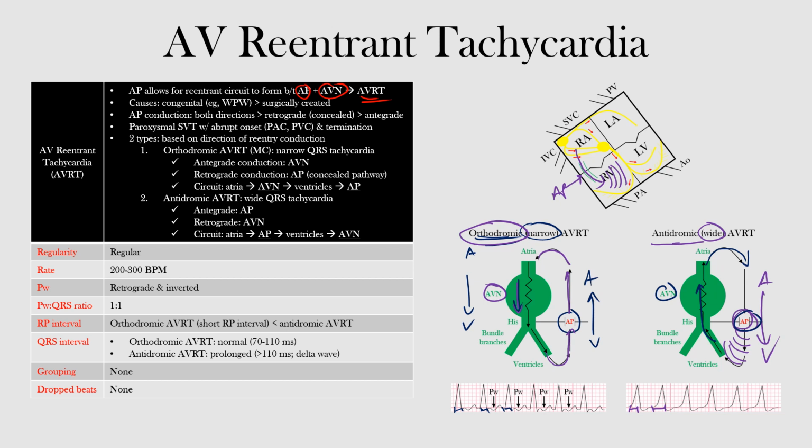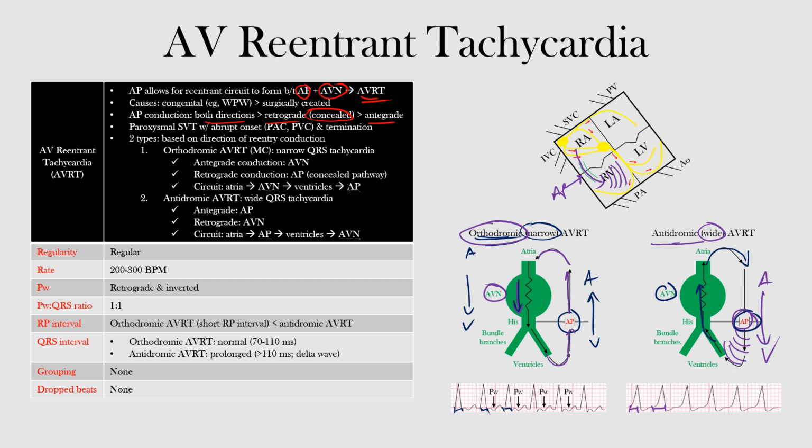Okay, now causes, we said congenital, such as WPW, is more common than some of those surgically created pathways. In terms of the AP conduction, accessory pathway conduction, both directions is the most common, followed by the retrograde. And remember, the retrograde is where we have that concealed pathway that can form, okay? And then we can have this antegrade as the least common way that we can have these accessory pathways conduct.